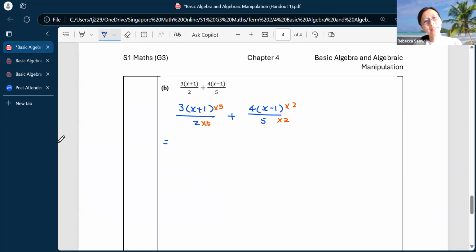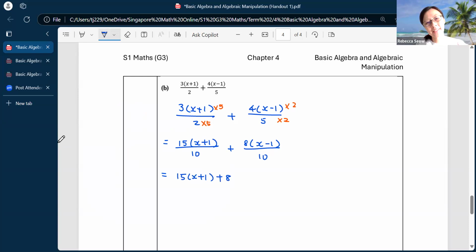Following that, let's multiply the multiples together. So we have 15 bracket x plus 1 out of 10, 8 bracket x minus 1 out of 10. Let's combine both fractions into one. And from here, we are going to expand. Take 15, multiply out.